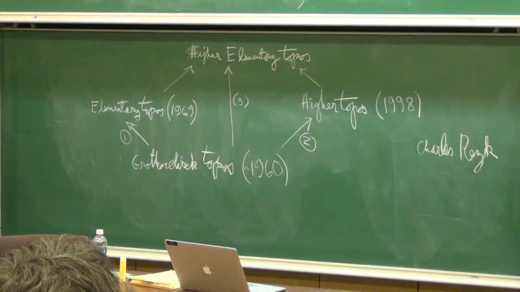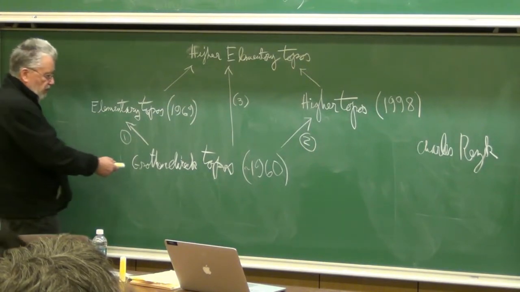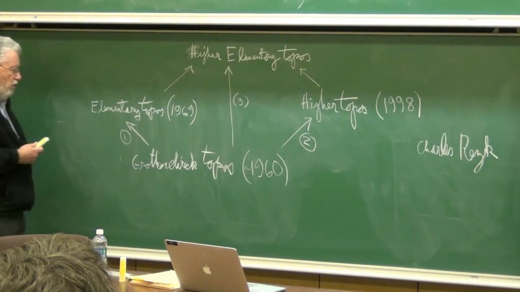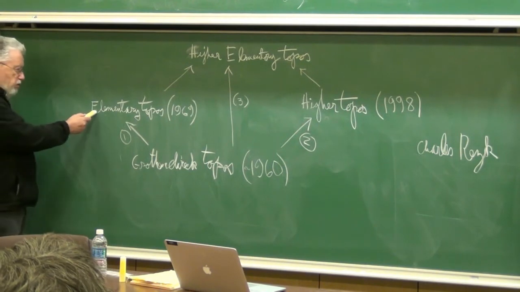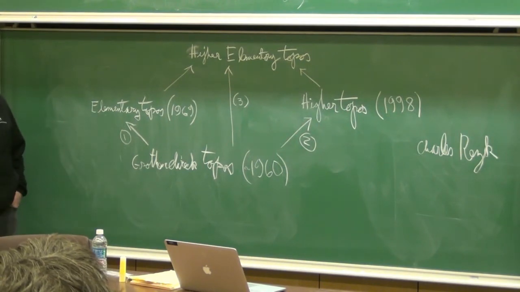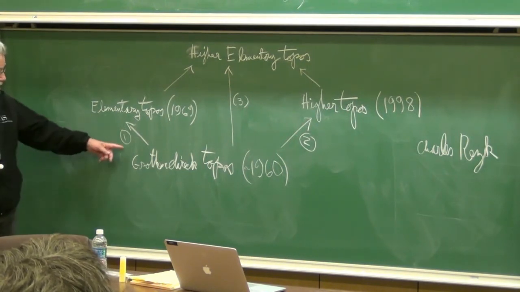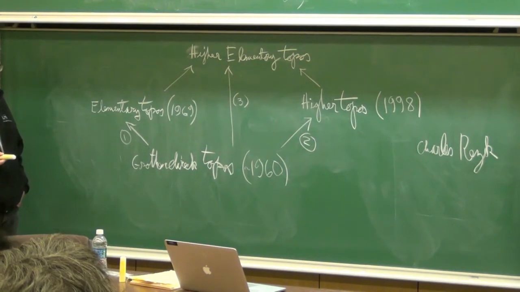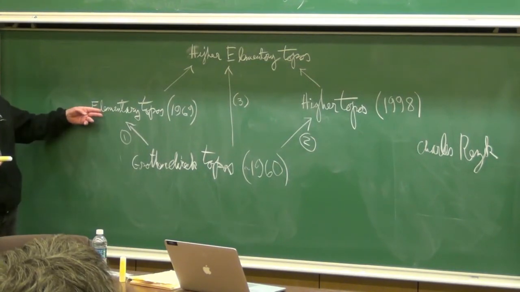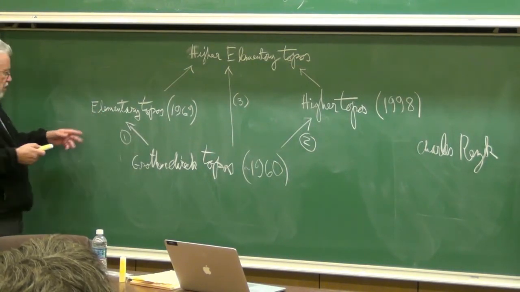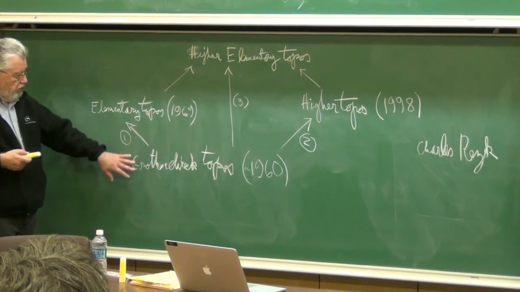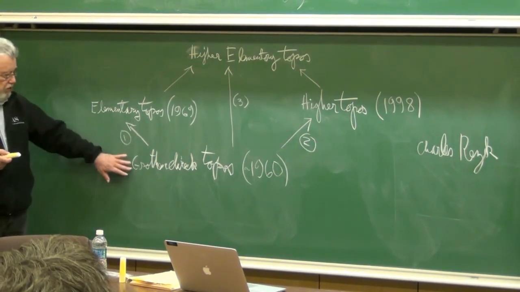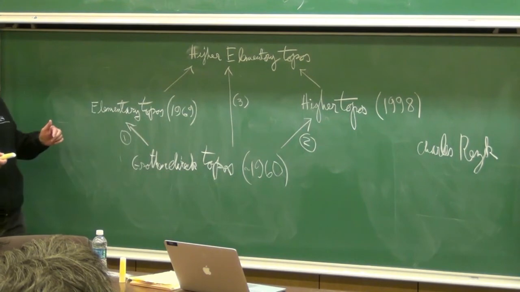Because this is something I did not say, but I guess everybody knows that there is a connection between the notion of elementary topos and logic. This was discovered very early on by Lawvere and Tierney. The logic here is intuitionistic, so there is this arrow here about a sort of logical interpretation of what a Grothendieck topos is.